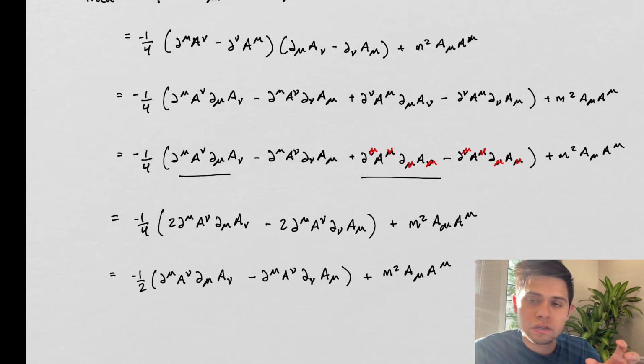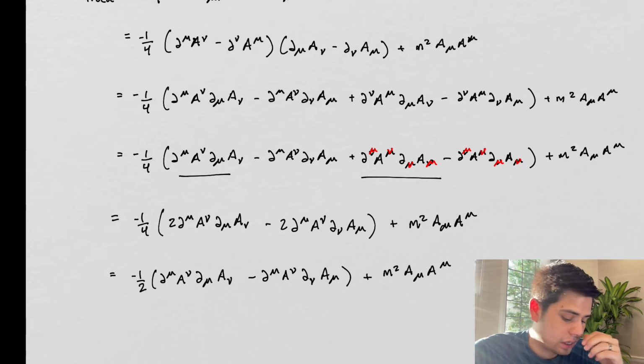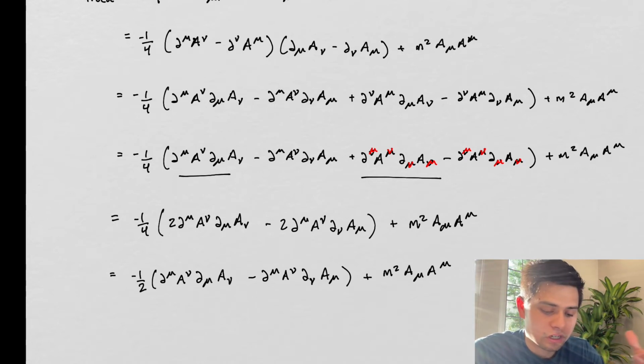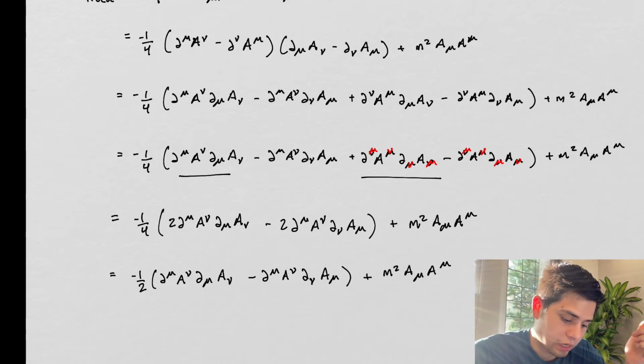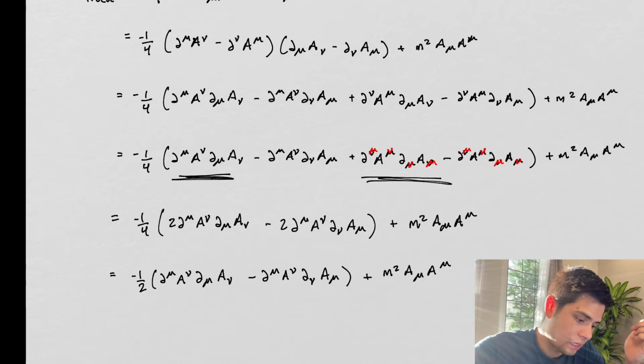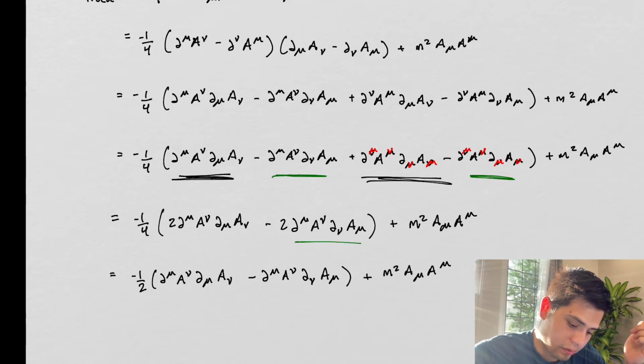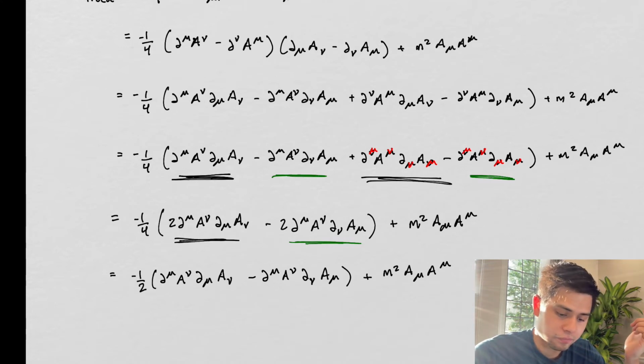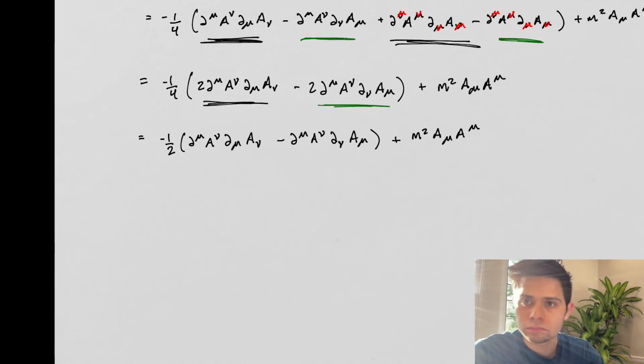When we change the dummy indices, we have to take into account the sign change if we're using the Minkowski metric. So again, this thing was the same as this thing, and this thing was the same as this thing. So that was these that I've underlined here. Okay, we're clear.